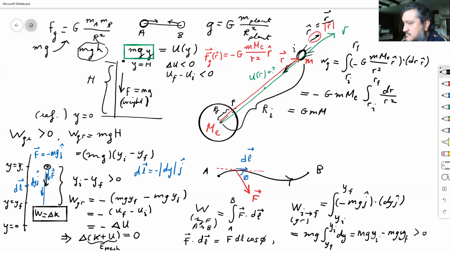G m m e from r final, which is Earth's radius, re, to the initial position, ri, dr over r squared, which becomes negative G m m e 1 over r. The limits are radius of the Earth and the initial position of the comet.